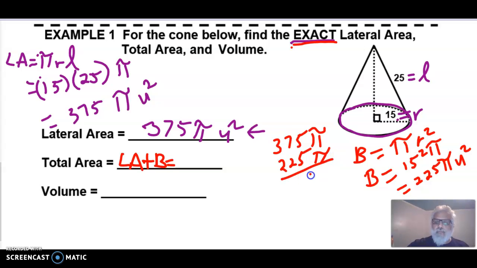Going to add that up. And we're going to get 600 pi units squared. So that's our answer, 600 pi units squared.